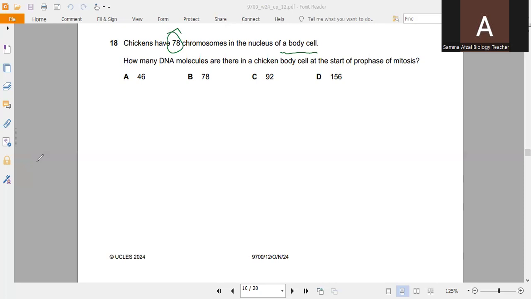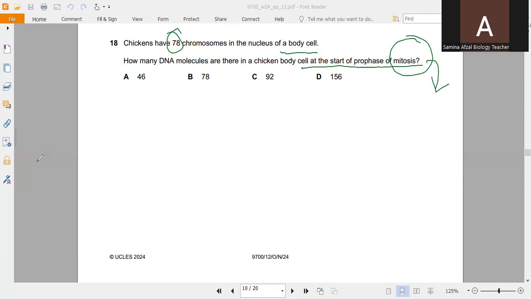How many DNA molecules are there in a chicken body cell at the start of the prophase of mitosis? You know, mitosis consists of 4 phases: prophase, metaphase, anaphase, telophase, and mitosis is a cell division in which the chromosome number is maintained generation after generation.